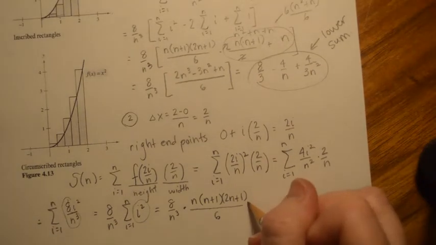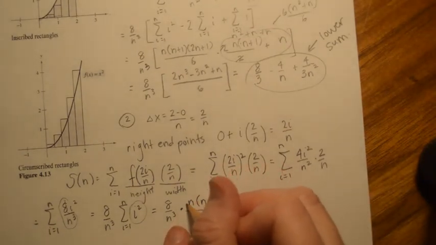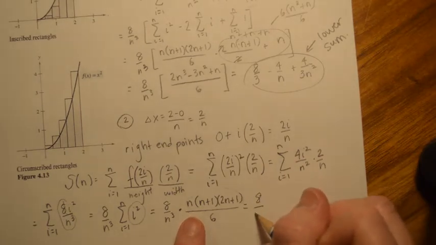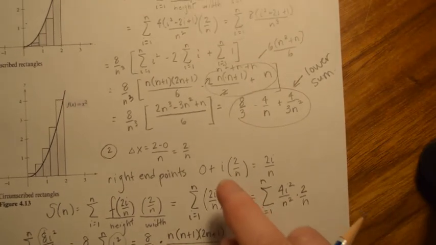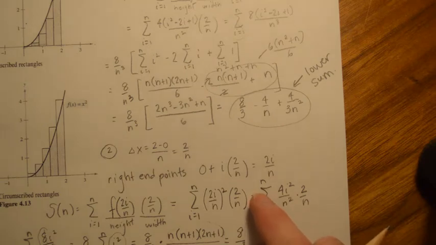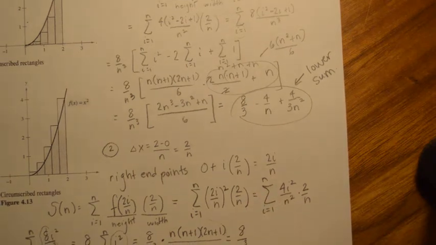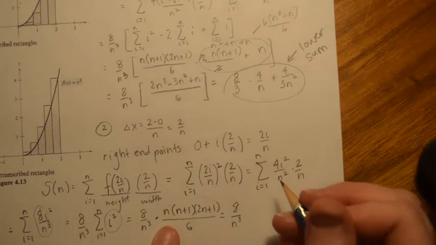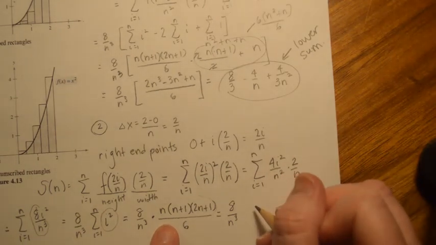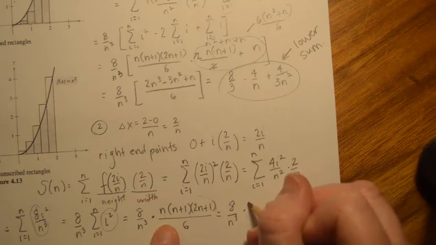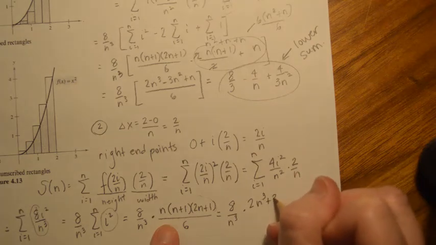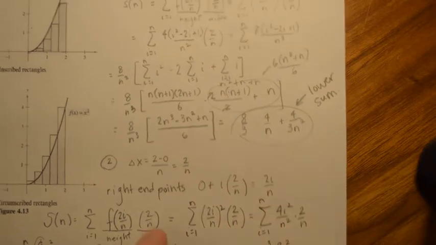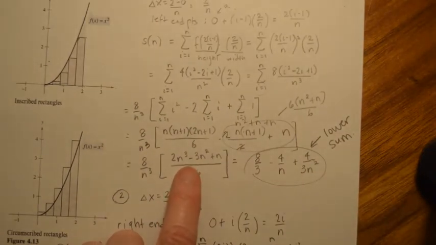When we multiply this out, this is slightly different from what we had last time. We end up with 2n cubed plus 3n squared plus n over 6. Last time we had a minus 3n squared in here.